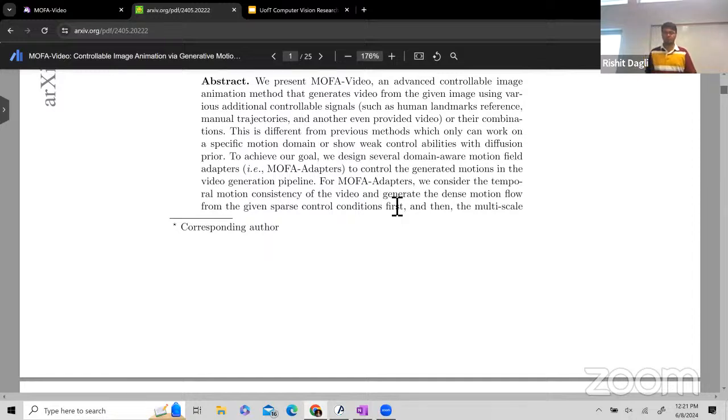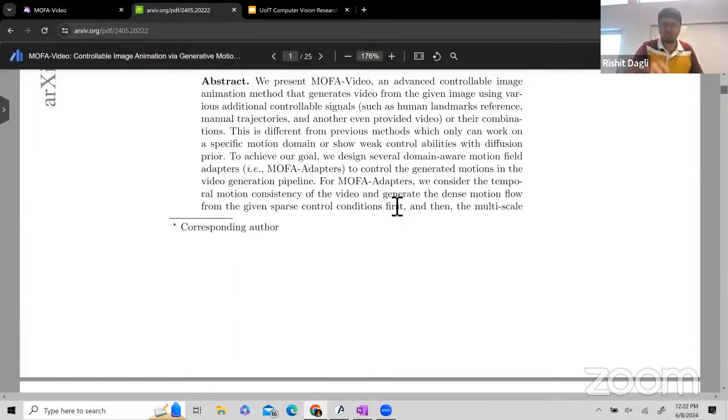For example, just a few landmarks or just a very basic trajectory. Using these sparse inputs, MOFA adapters focus on the temporal consistency and generate a dense motion flow. Dense motion flow means a detailed representation of motion for every pixel in the image.